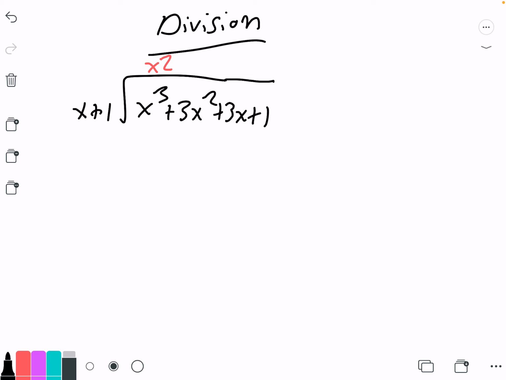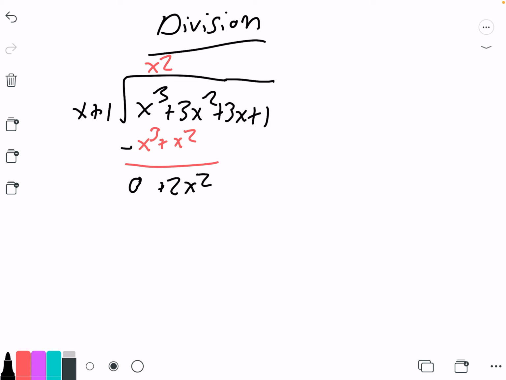Because if we multiply x plus 1 by x squared, we're going to get x cubed plus x squared. And we can then subtract this, minus x cubed plus x squared, and we're going to get 0 plus 2x squared.